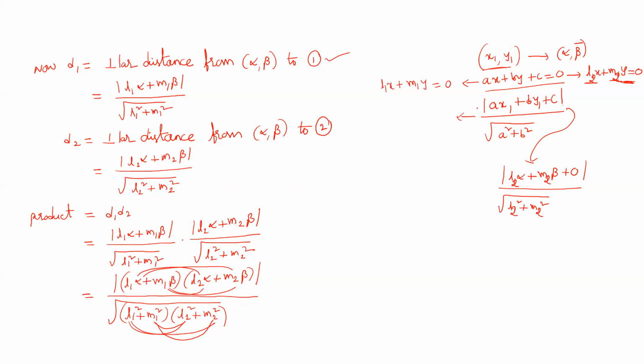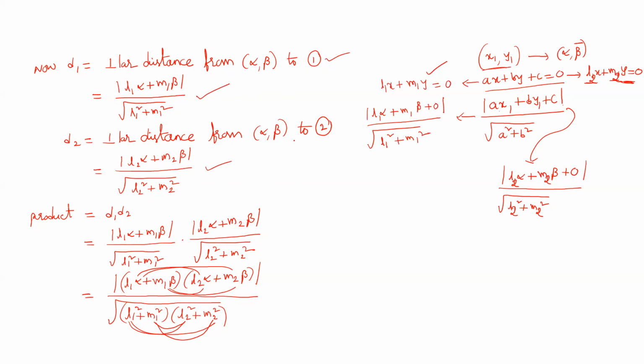Then this formula becomes: a is L1, x1 is alpha, so it is mod of L1 alpha plus by1, b is M1, y1 is beta. C is constant, no constant in our equation, which is 0. By root of a square plus b square. Here a square is L1 square, b square is M1 square. This is the first distance.